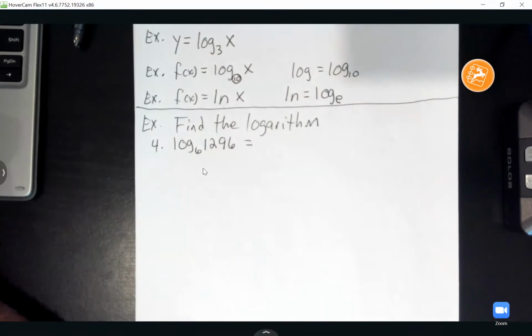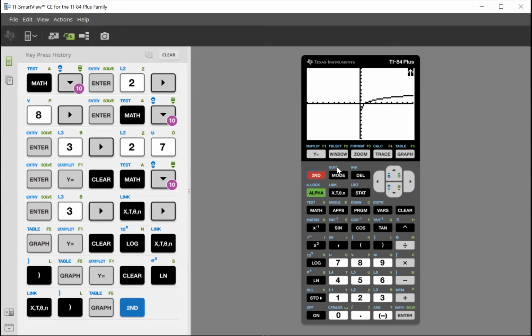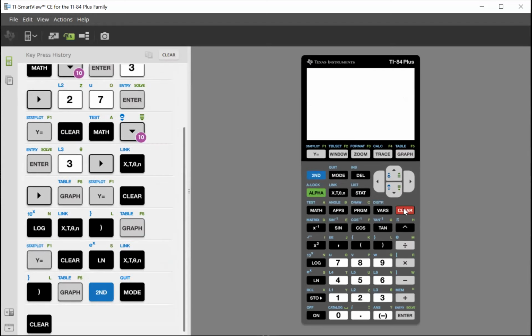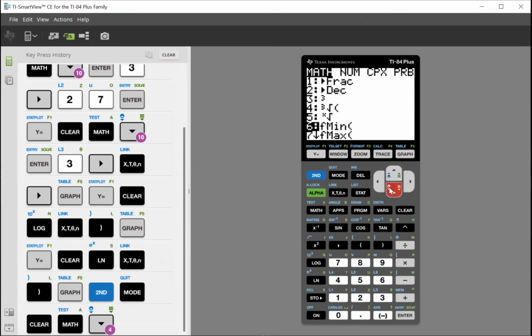So how many times do I got to multiply a 6 times itself to get 1,296? Well, let's go find out. So I'm going to quit that screen. Remember, to get a log base 6, I got to hit math and arrow down to log base.